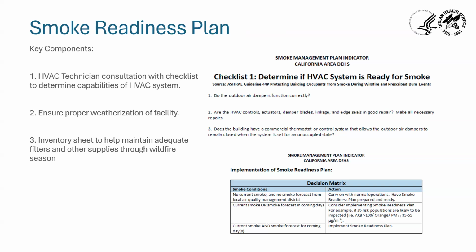Part two ensures proper weatherization. And part three is an inventory sheet to help maintain your filters and your other inventory through wildfire smoke season. It also has a decision matrix on when to start implementing your plan and how to prepare for wildfire smoke season.